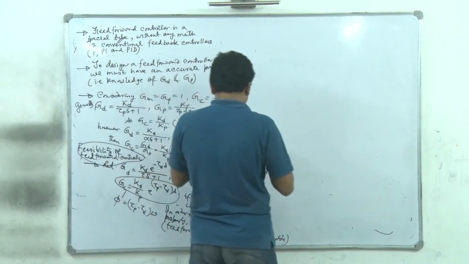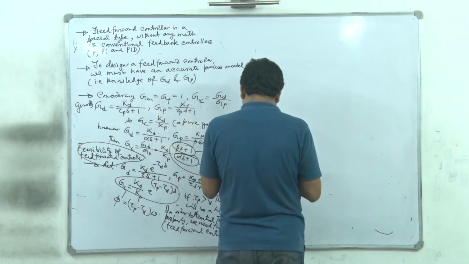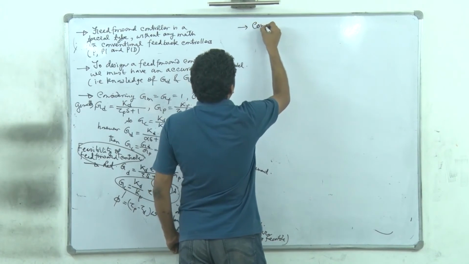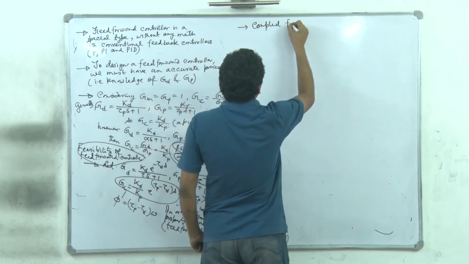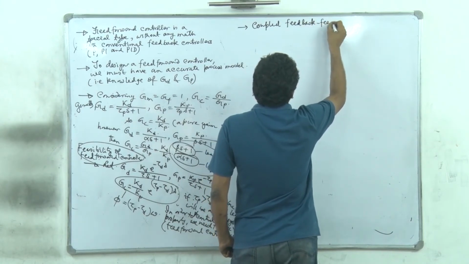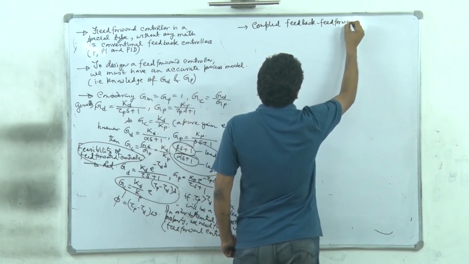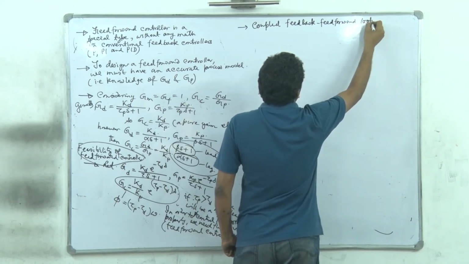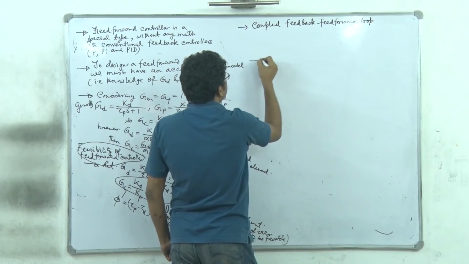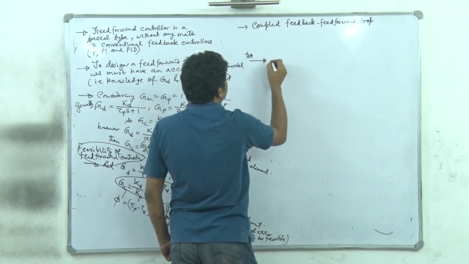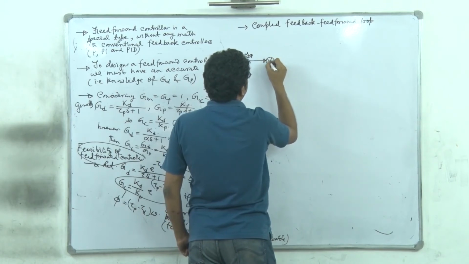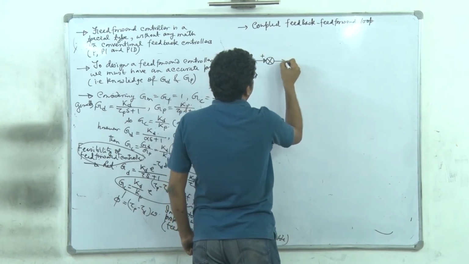So the next topic is the coupled feedback feed forward loop. What is that? We have YSP, right? We have a comparator. This is a feedback loop.